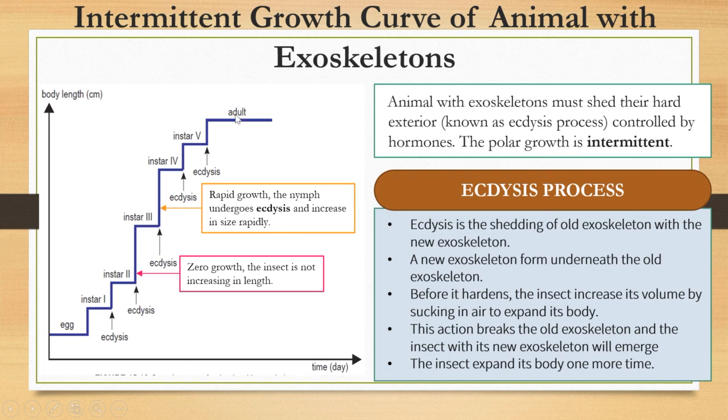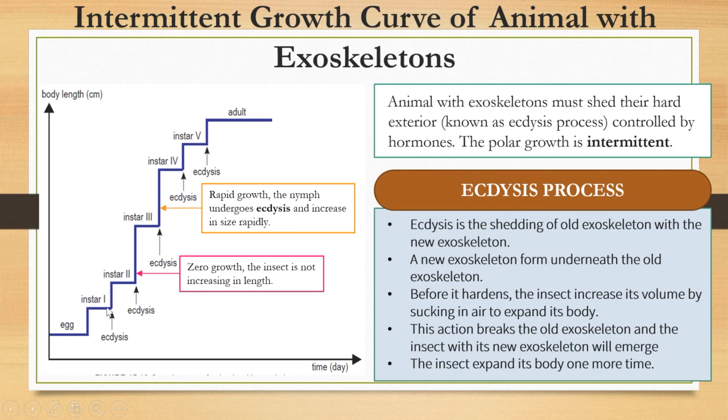I hope you can understand. What does instar mean? Instar refers to zero growth. The insect is not increasing in length. The arrows here refer to the instar. Every instar here refers to zero growth.